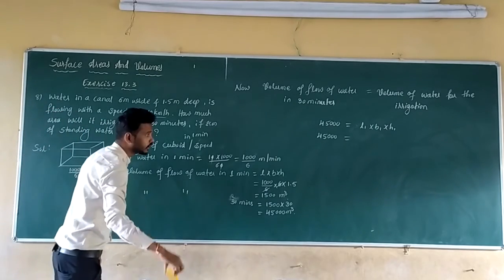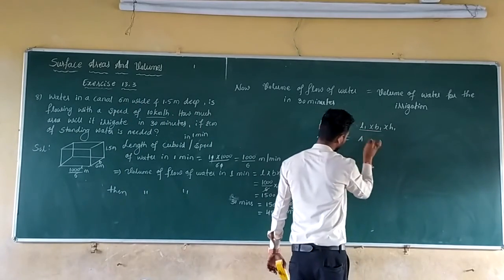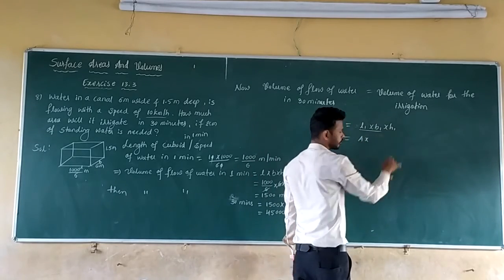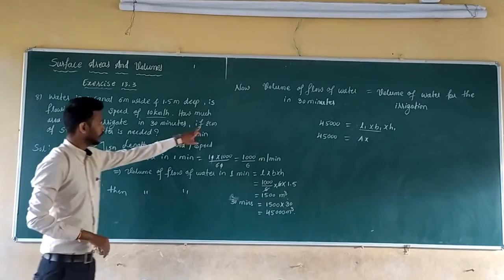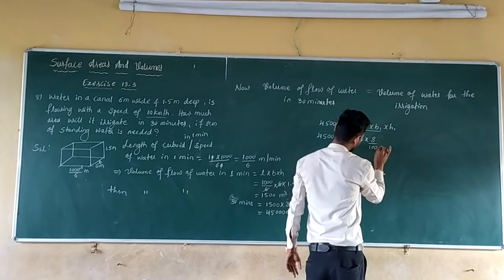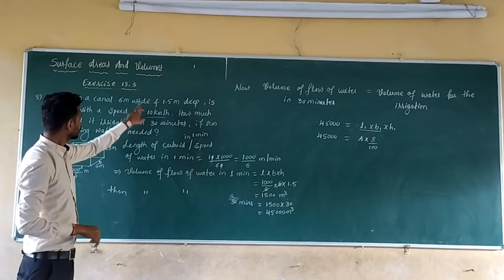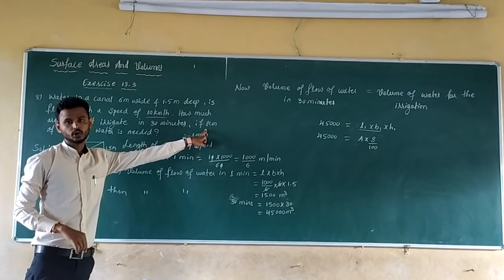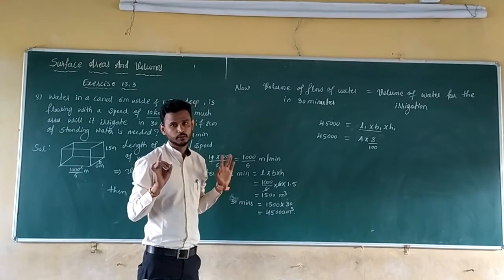So you can write area to be irrigated into height, which is given. The height of the irrigation field is given as 8 centimeter. These are all in meter, but this is in centimeter. So convert that also into meter. So 8 by 100. All units should be the same.